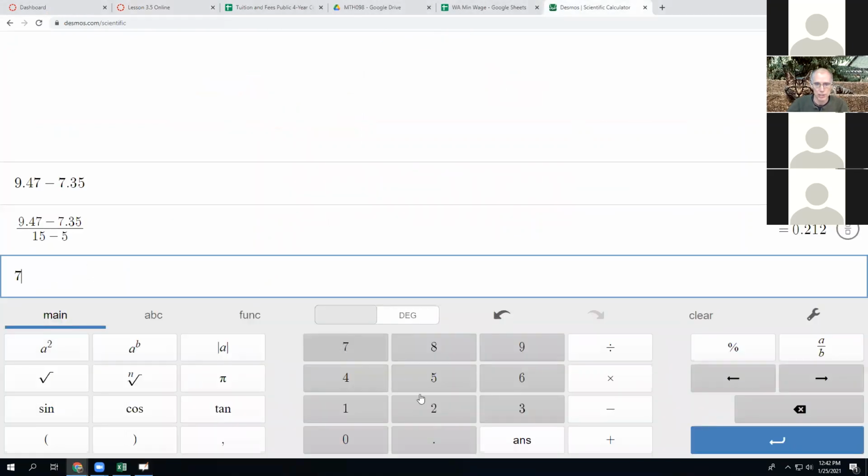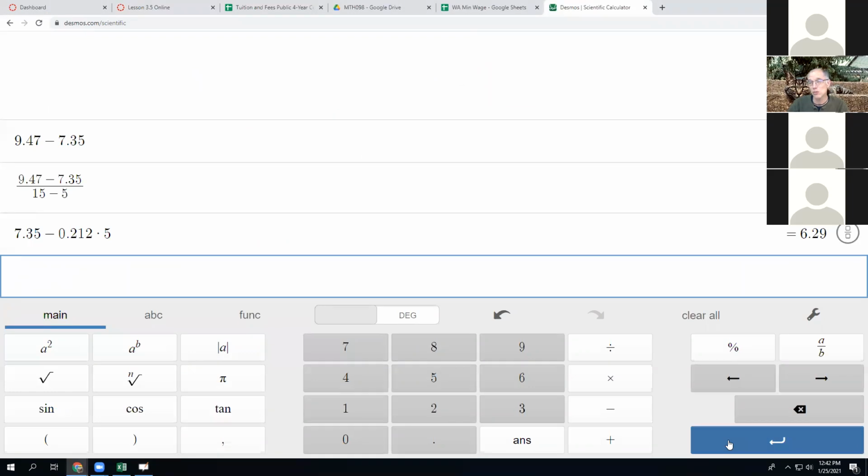What is 7.35 minus 0.212 times 5? Calculator says it's 6.29. So we're kind of backwards predicting that if the trend from 2005 to 2015 was roughly linear for a while, then in the year 2000, minimum wage is about 6.29, is what we just predicted.